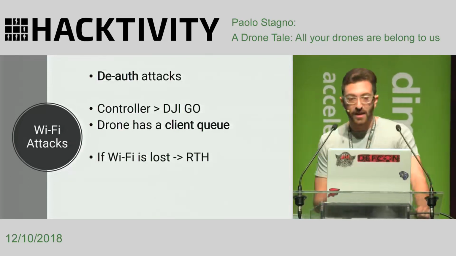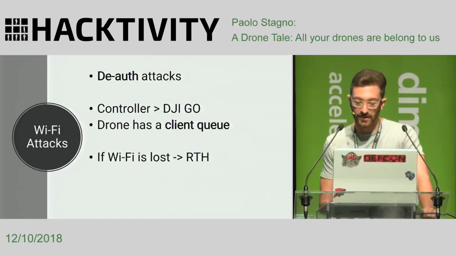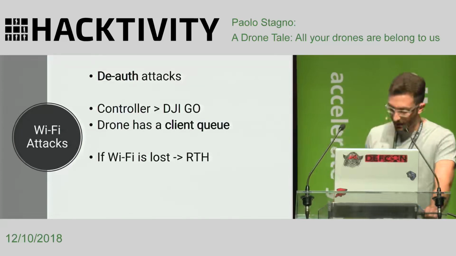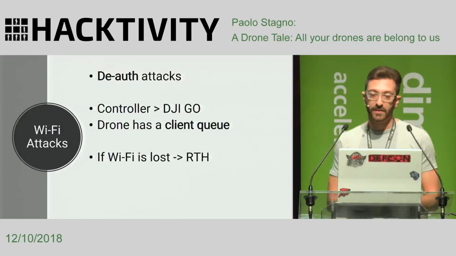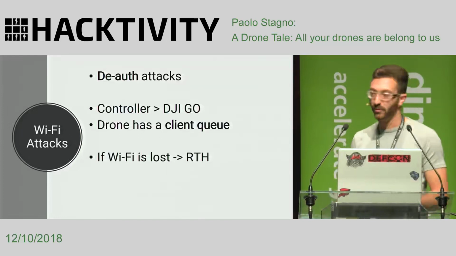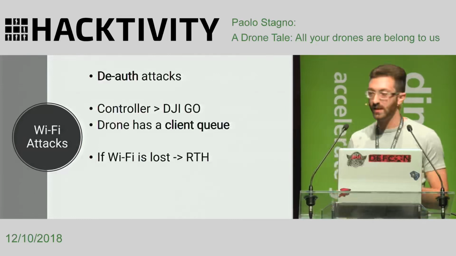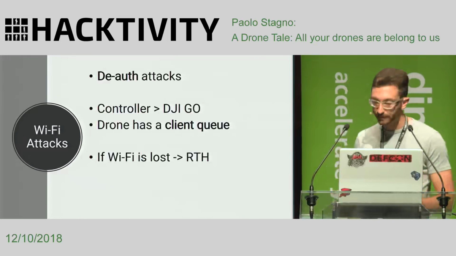And what happens if we try to add a new device into the existing network? Well, the aircraft maintains a queue of devices, and the queue gives priority to the first connected phone. So if we disconnect the first connected phone, the second one can now connect and use the functionality of the application.